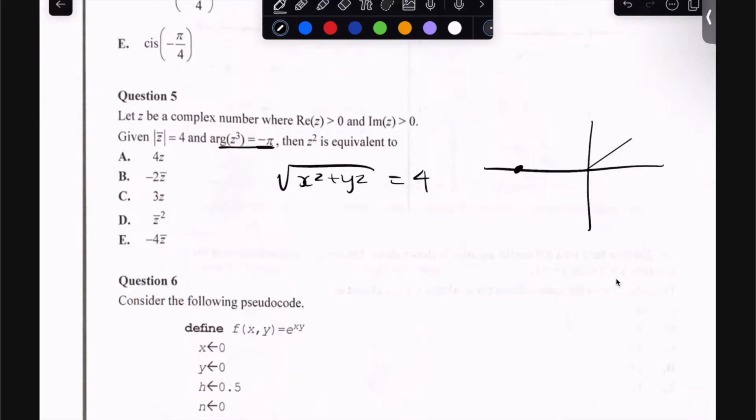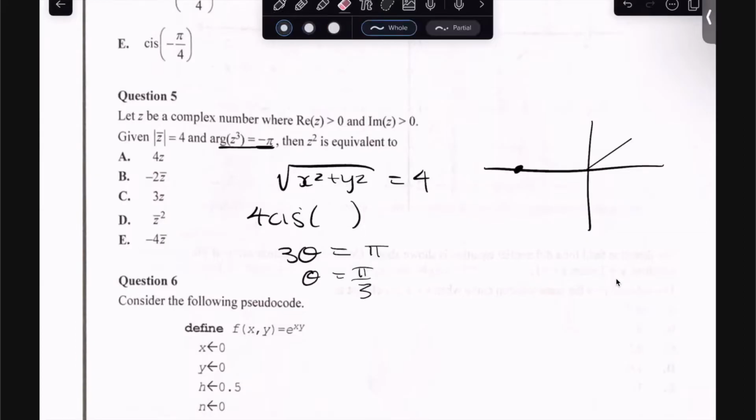Or you can say 4 cis θ, and you can say that 3θ is equal to π, so θ is equal to π/3. So this is 4 cis π/3, and 4 cis 2π/3 for z squared would be 16, 16 cis 2π/3, and that is what?